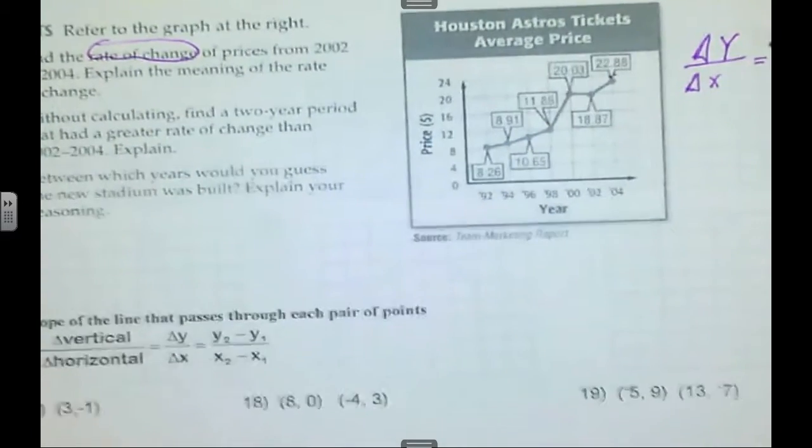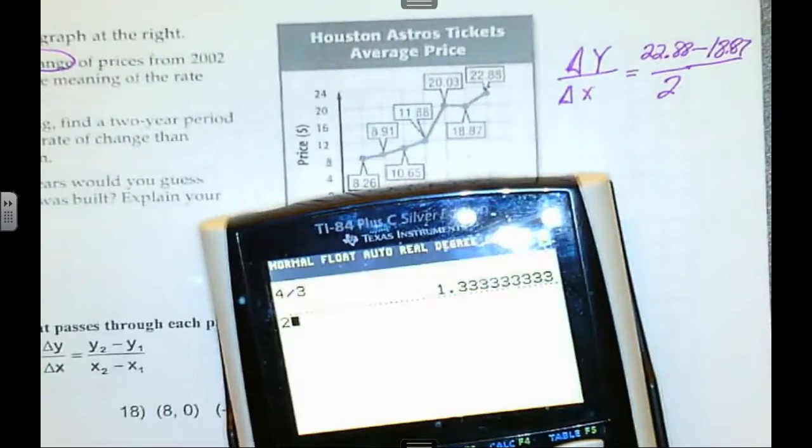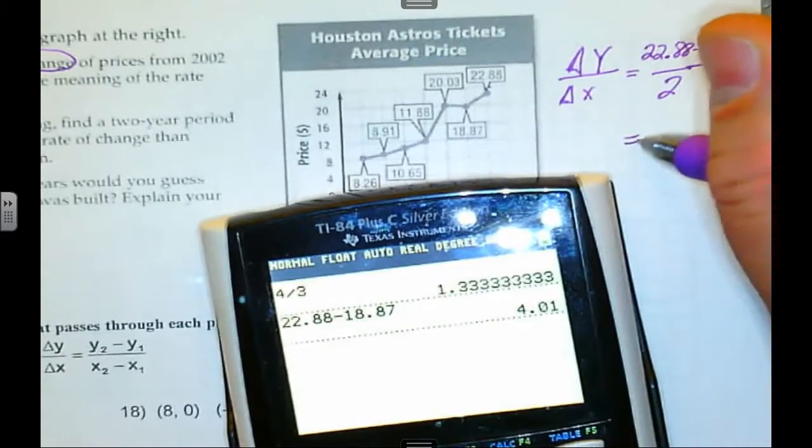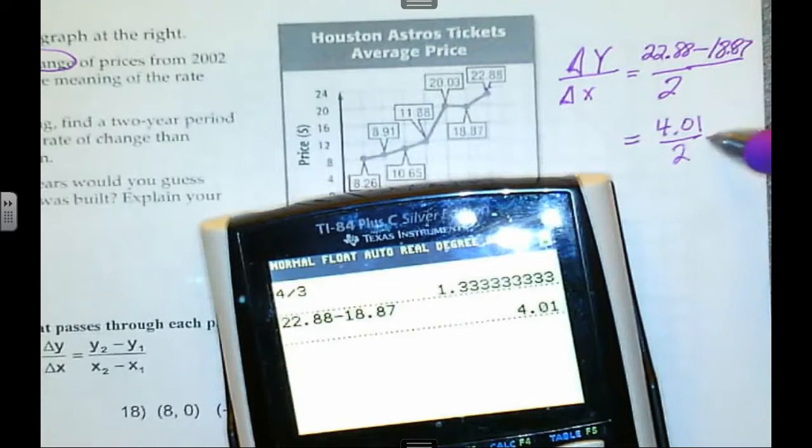Okay, so all I have to do is put all that in the calculator. Let's see, 22.88 minus 18.87 equals, please put enter before you divide it by 2. So it's going to be approximately 2.